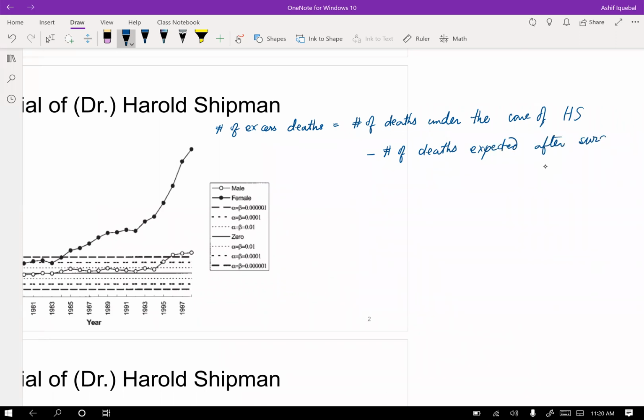Right, after a surgery, if there is a terminally ill patient, then there is some expectation that that patient may not survive, right? So the number of excess deaths is equal to the number of deaths under the care of this particular doctor minus the number of deaths that were expected after surgery. This is the number of excess deaths.